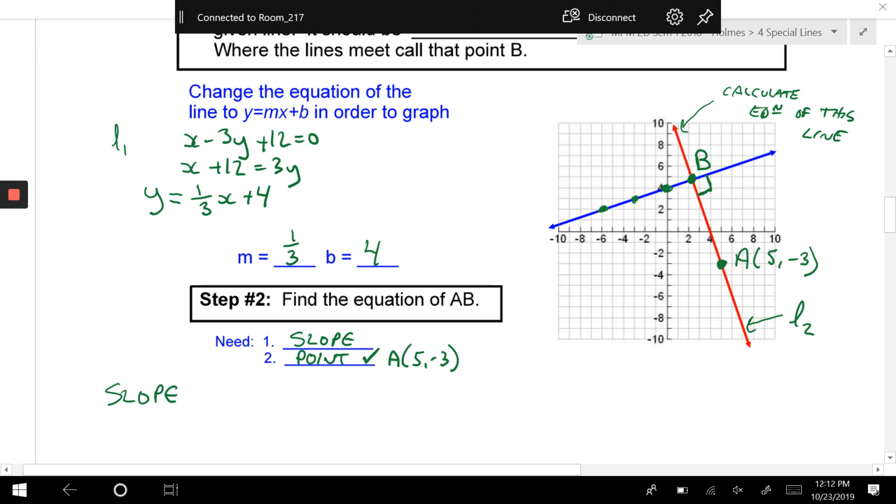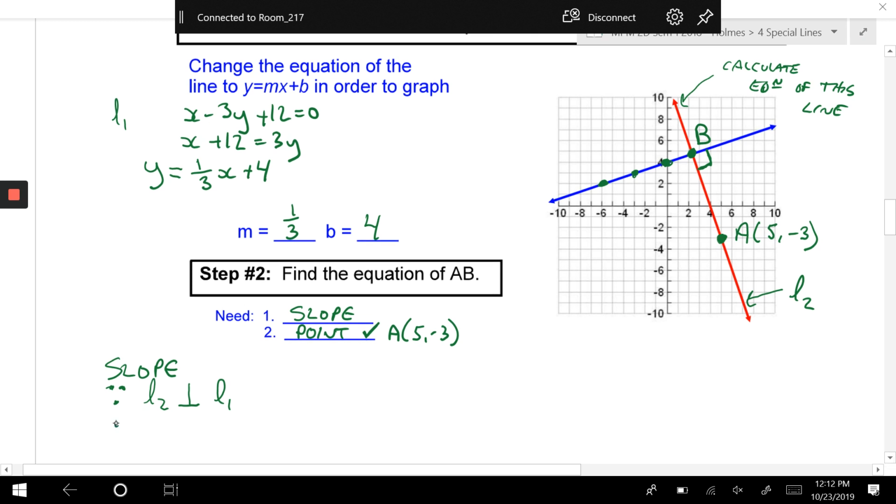What's the process? Right? Fantastic. So I can say that my line 2 is perpendicular to line 1. So since line 2 is perpendicular to line 1, therefore, Brandon says that the slope 2 is the negative reciprocal of slope 1.